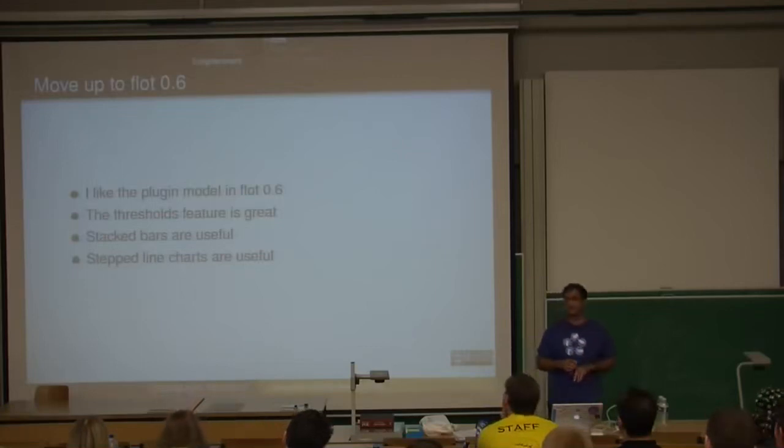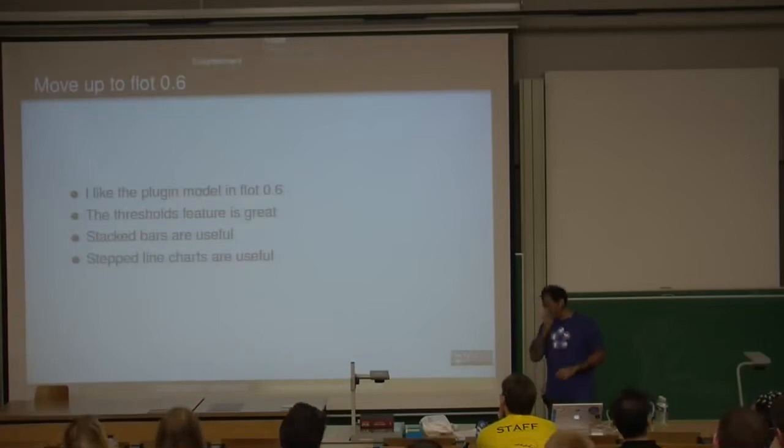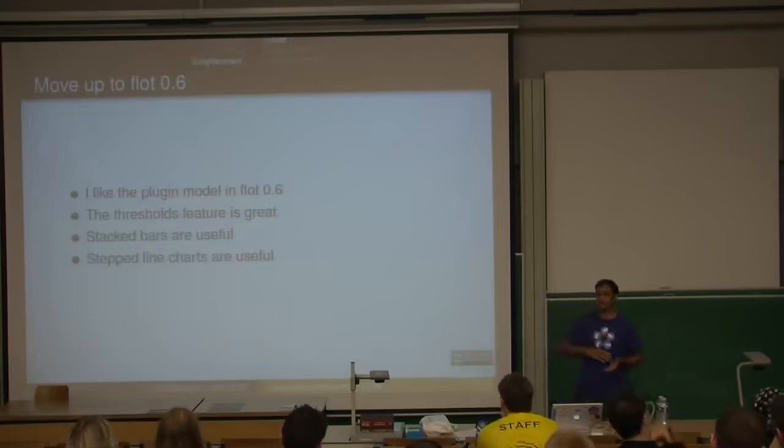It also has stacked bars, which are useful. I don't have a need for it at the moment, but there could be a need. With stacked bars, you have one bar and the next bar goes on top of that. So you can see the sum of the data as well as individual data points.